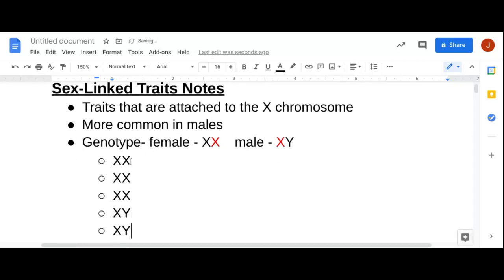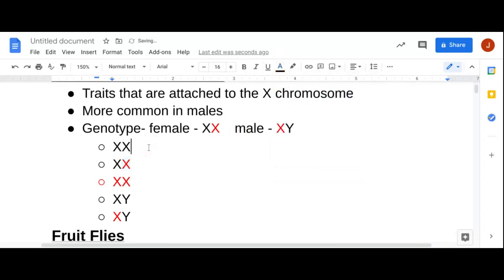I'm going to color this the same way I did. So this is just representing the colorblind gene. Just to kind of get an idea of how sex-linked inheritance is going to work.